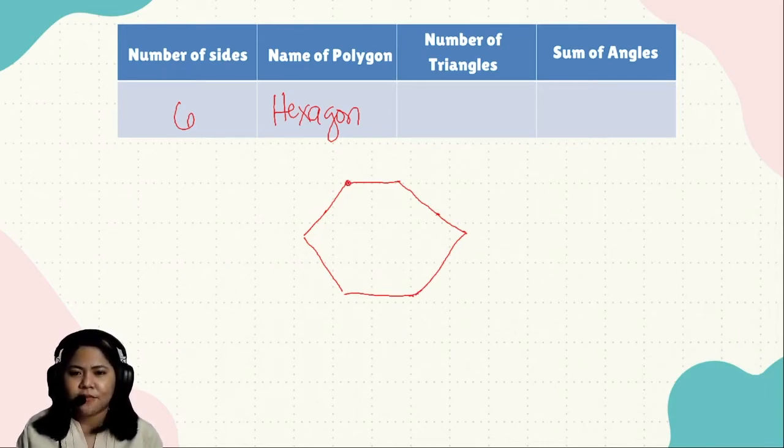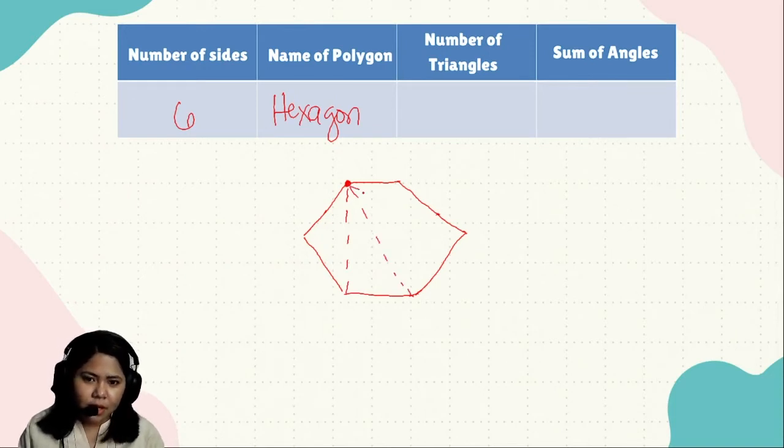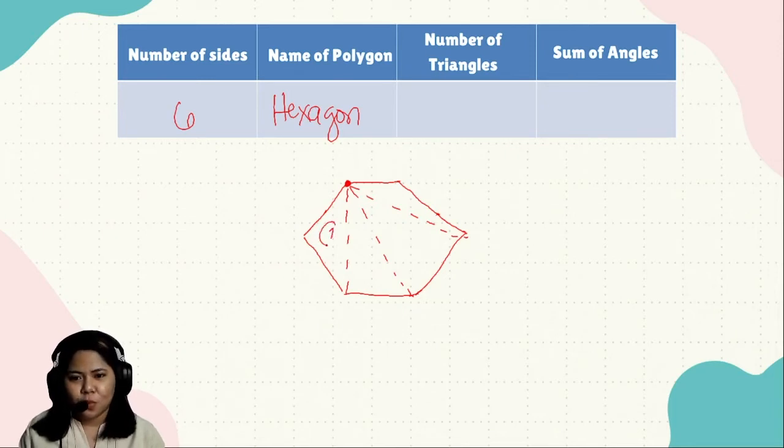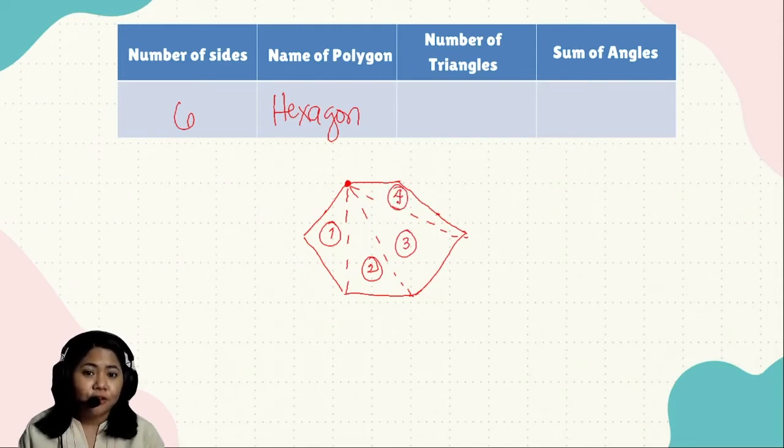Let's say mula sa vertex na to. So, 1. From one vertex to another lang ha. Okay. So, ilang triangles ang pwedeng mabuo from a hexagon? It's 1, 2, 3, 4.